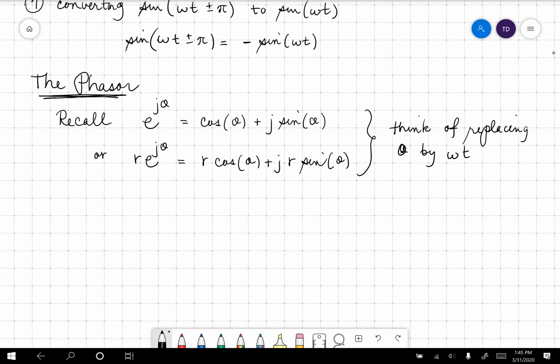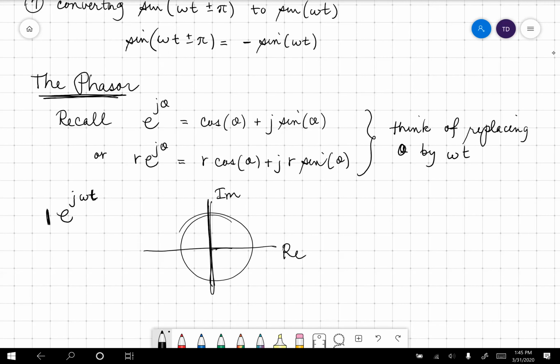Now when we look at e to the j omega t, the difference is this one changes its location with time. It is a complex exponential. First of all, its magnitude is 1, so this is the unit circle. Always critical to remember that. This is the real axis. This is the imaginary axis.